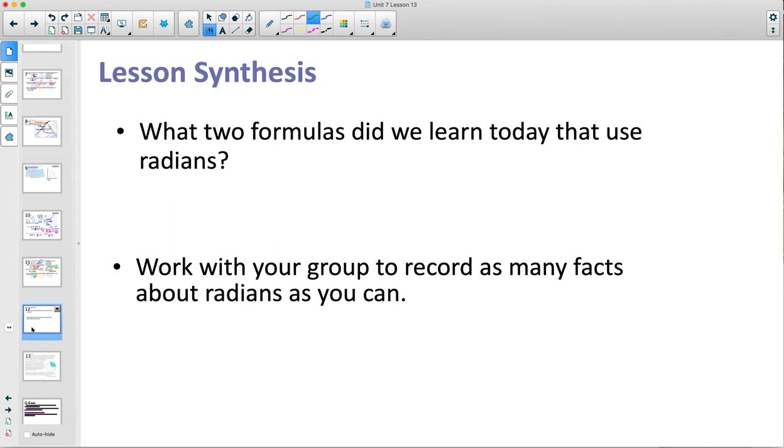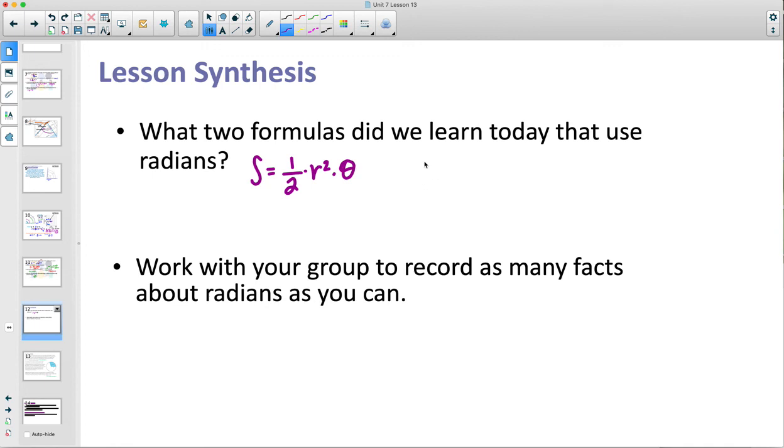All right, so what 2 formulas did we learn today that use radians? One of those formulas was for area of a sector. I'm just going to call that S. And so we looked at S equals 1/2 times the radius squared times theta. We also looked at arc length.